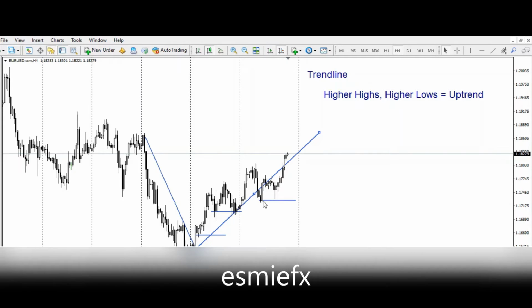Since it's created a low here, a higher low, sorry, I'll go back. I adjust my trend line this way. Nice weak rejection, and it moved up. So this is how I adjust my trend line.